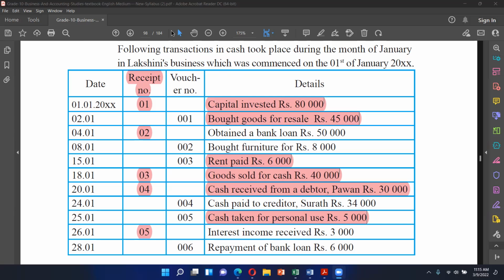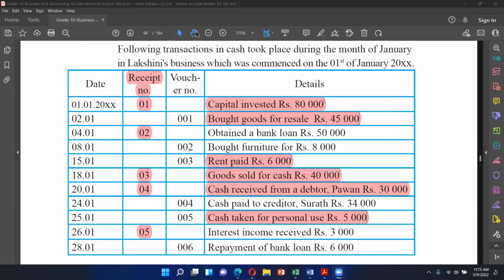Sandinsa, what's the double entry for 25th January transaction? Drawings account debit and cash account credit. Very good. Drawings account debit, cash account credit.